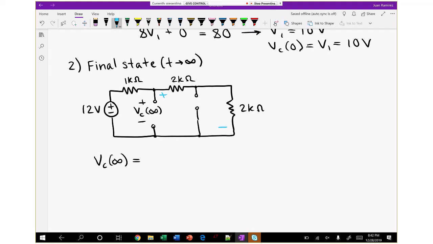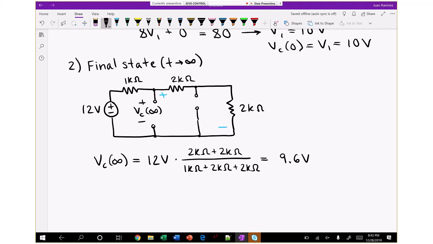Therefore, according to voltage division, I'm going to multiply the source voltage, 12 volts, times, in the numerator, the resistors that I want to find the voltage across, which are the 2K ohm in series with the 2K ohm. In the denominator, you add all the resistances. So that's 1K ohm plus 2K ohm plus 2K ohm. When you do that, you end up with 9.6 volts.